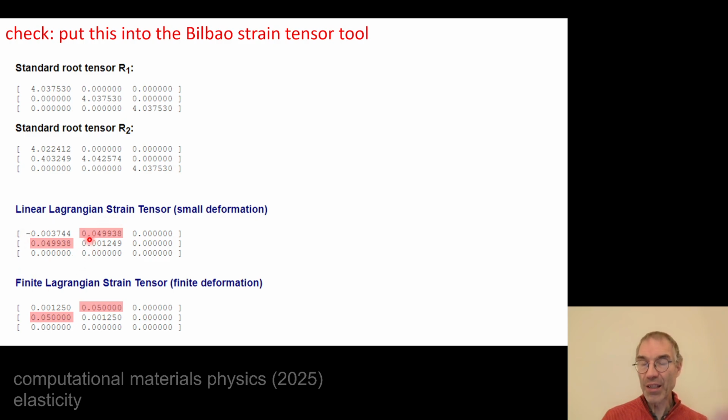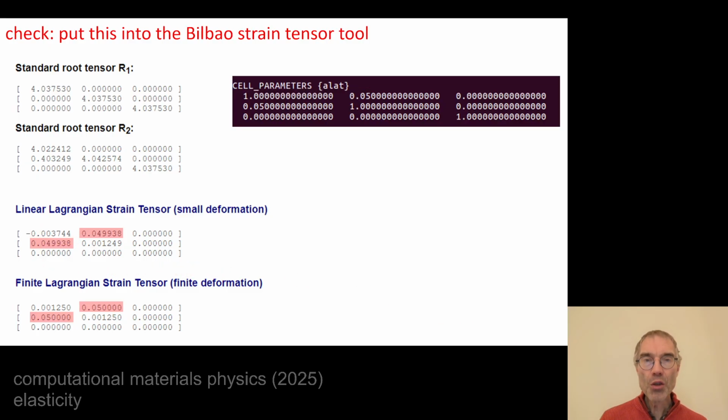And yeah, I said it already a minute ago, this 0.05, these are the xy elements of the strain tensor in its matrix notation. So that's the same value that returns there. The only difference with the cell parameters matrix is this 1 on the diagonal, which are basically zeros in the strain tensor.